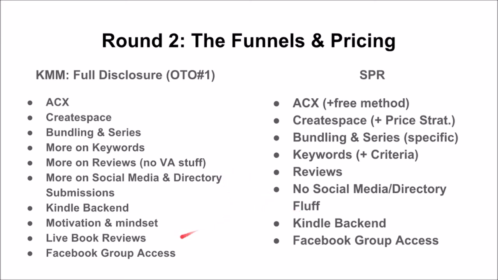Facebook group access. So you get Facebook group access with both courses. The main difference is OTO number 1 is a $47 a month subscription. With SPR, you get lifetime access to the Facebook group. The key difference, by the way, I've been part of both of these Facebook groups.